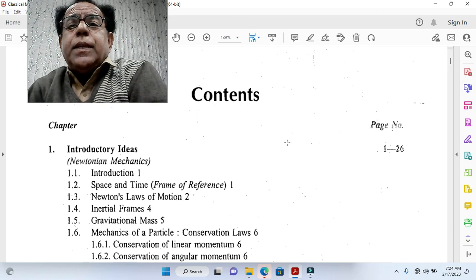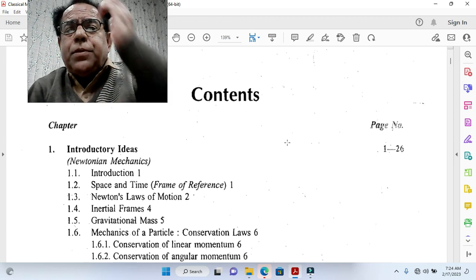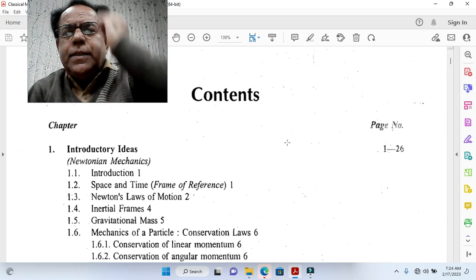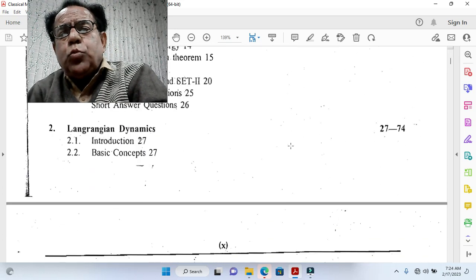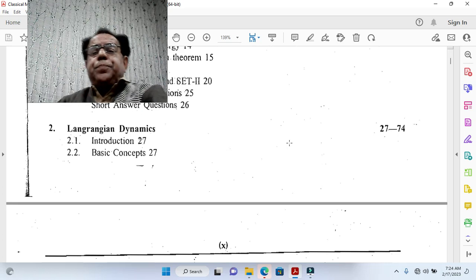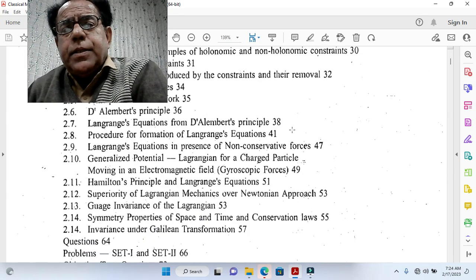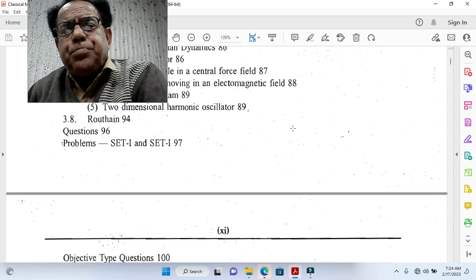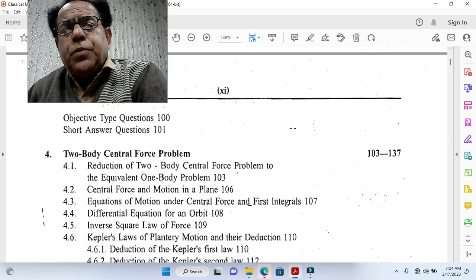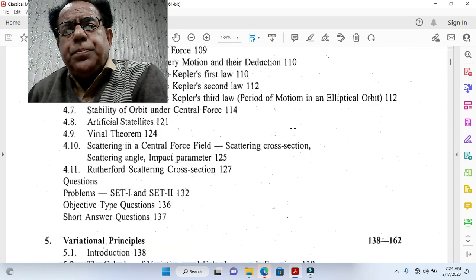Contents: Chapter number 1, introductory ideas, Newtonian mechanics. Chapter number 2, Lagrangian dynamics. Chapter number 3, Hamiltonian dynamics. Chapter number 4, two body central force problem.